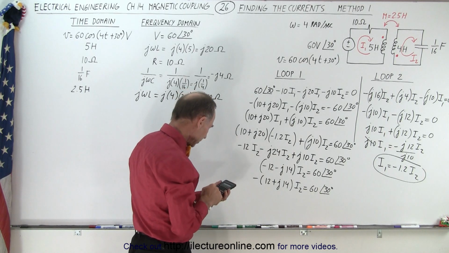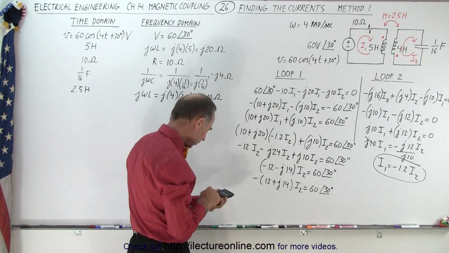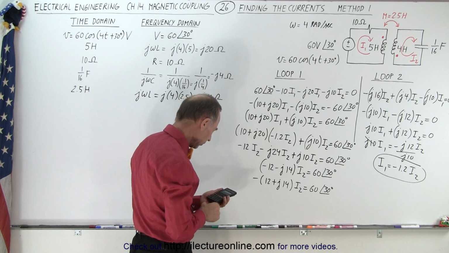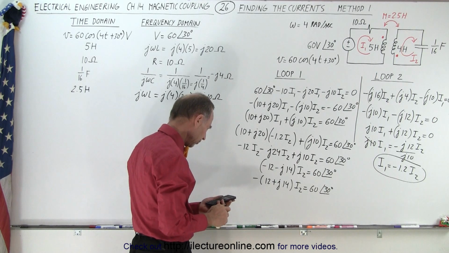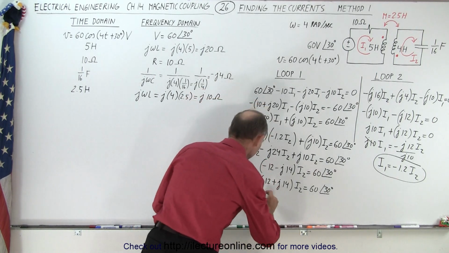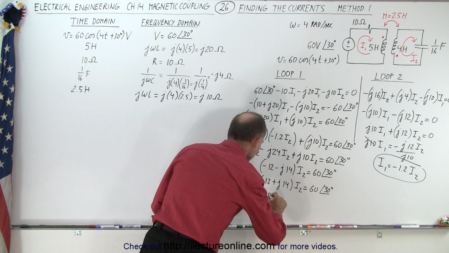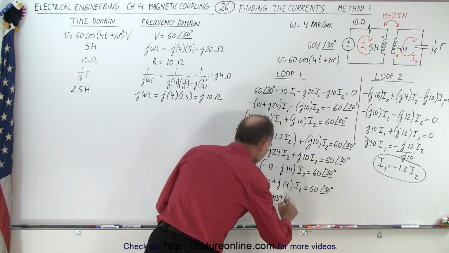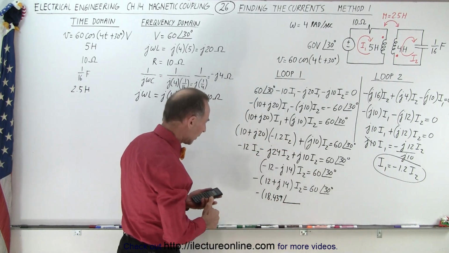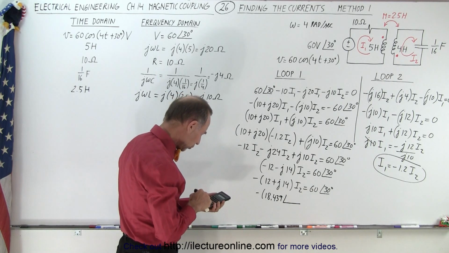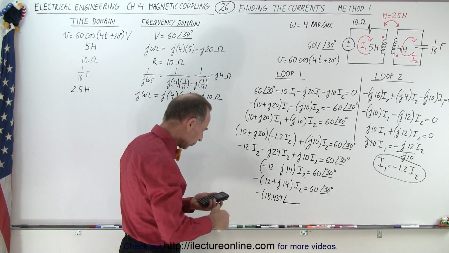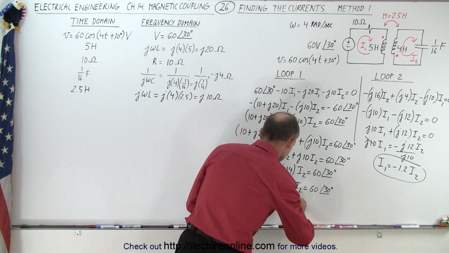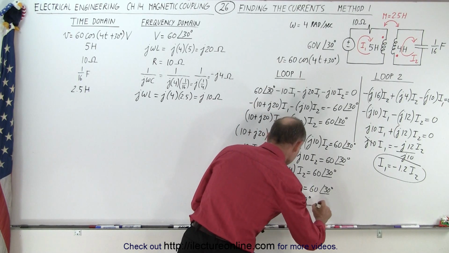All right, so let's do that. What's the magnitude here? I have 12 squared plus 14 squared, so I end up with 340, take the square root of that, which is 18.439. So on this side I have minus 18.439 with an angle of, 14 divided by 12, take the inverse tangent of that, 49.399 degrees.